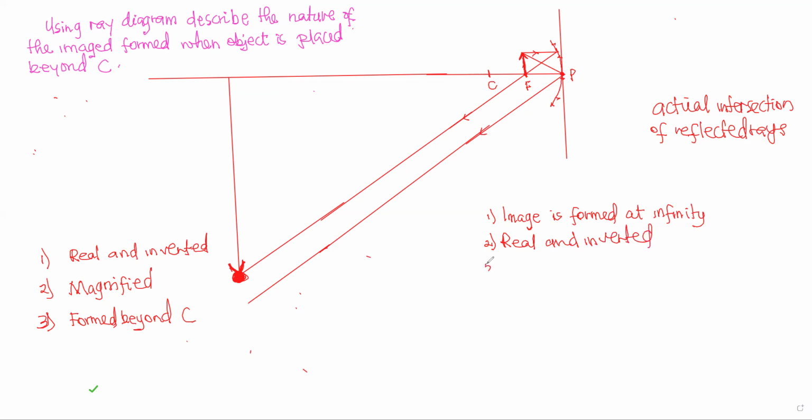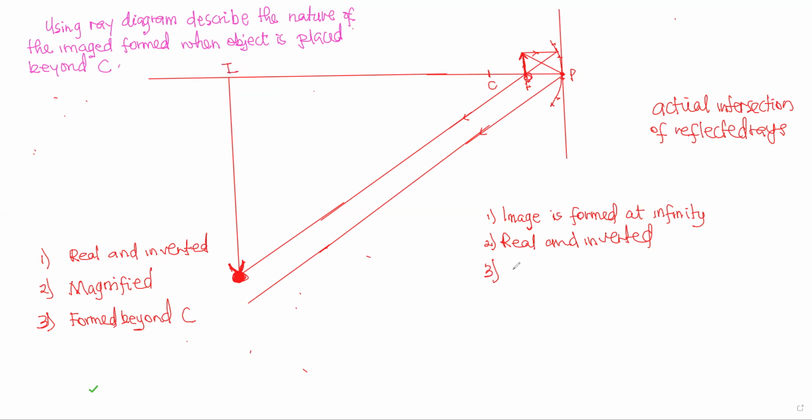Kwabena, what's the third observation? Okay, so the last observation is that the image is magnified. Look at the size of the object and then the image.